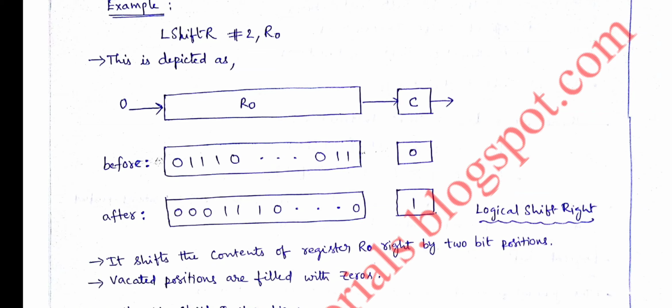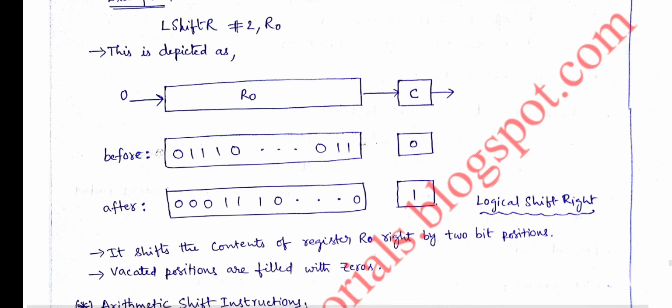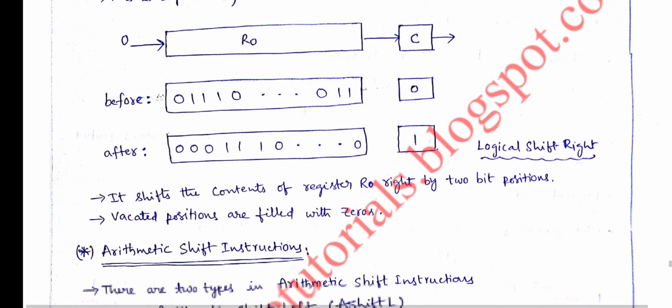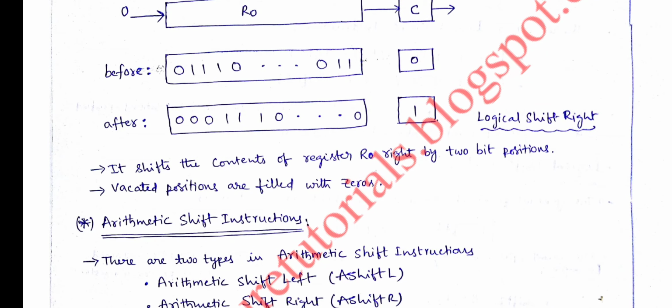This is depicted like this: R0, count, before 0 1 1 0 0 1 1. After, it moves towards the right and the leftover bits are filled with zeros. It shifts the contents of the register by 2 bit positions, right?